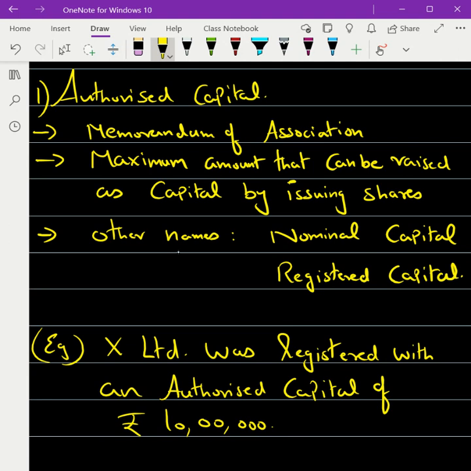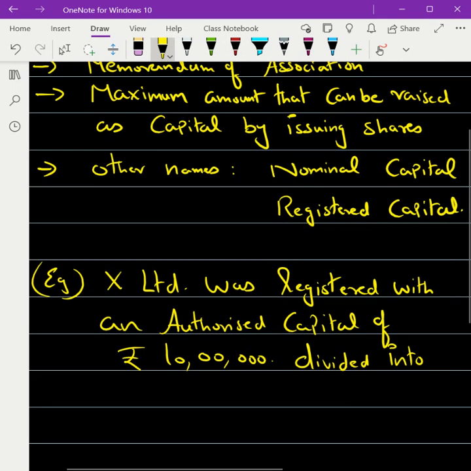So here it is mentioned: X Limited was registered with an authorized capital of rupees 10 lakhs divided into, because the share capital we discussed yesterday morning is a fraction or part of your capital, so we are dividing this, rupees 10 lakhs divided into equity shares or preference shares, however it can be.